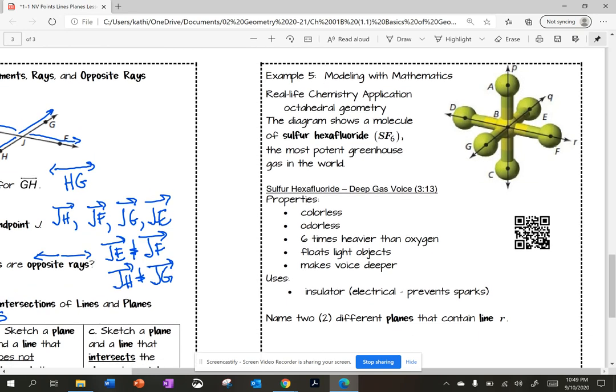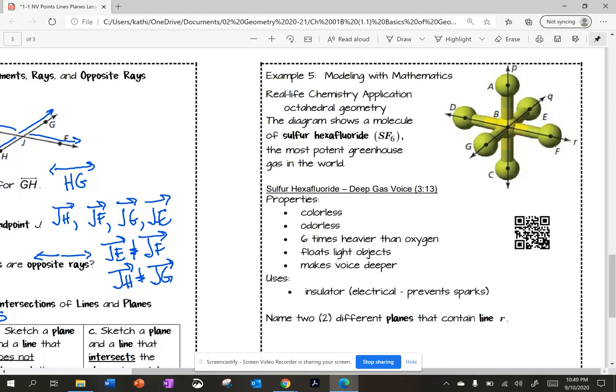Okay, here's a chemistry example. This is octahedral chemistry. This shows a molecule of sulfur hexafluoride. It's a potent greenhouse gas.